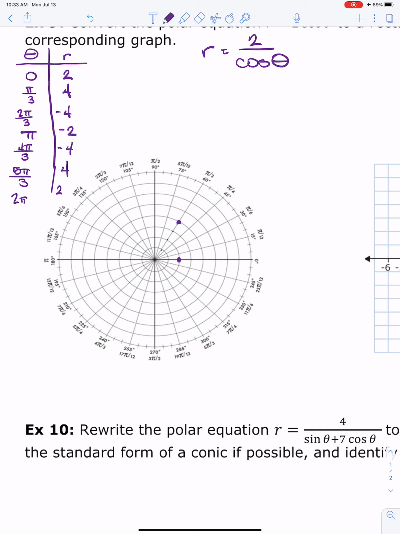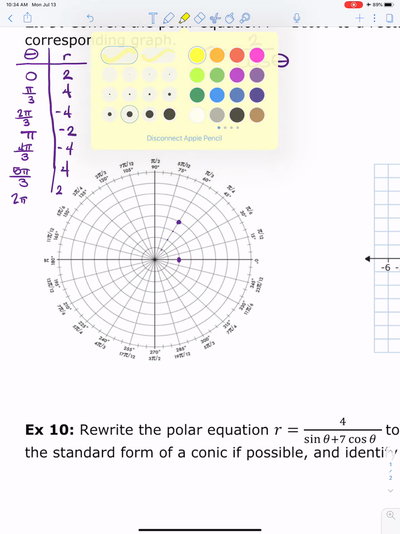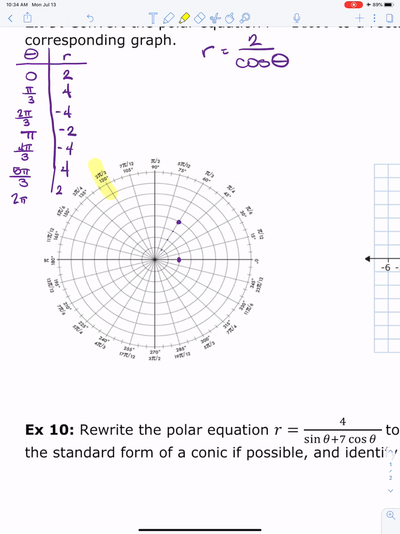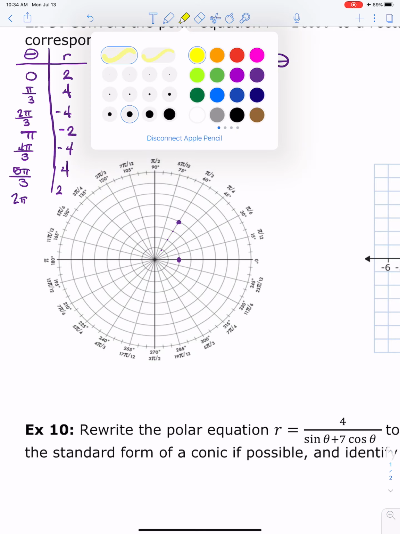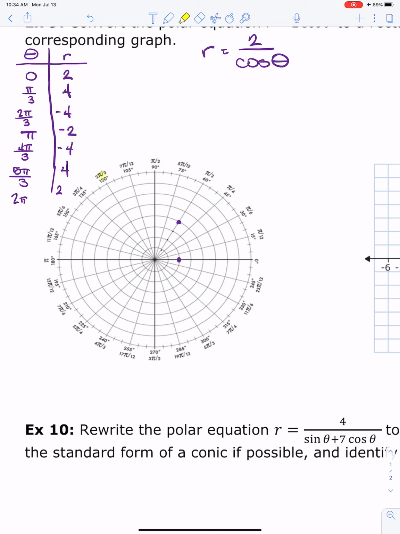At 2 pi over 3, so I'm right here. My negative side would go that way. So at 2 pi over 3, I'm at negative 1, 2, 3, 4 right there.